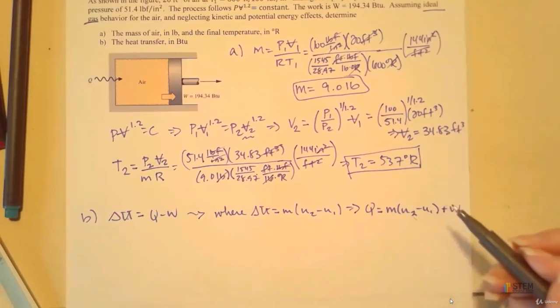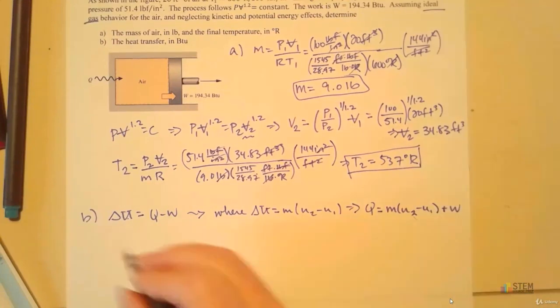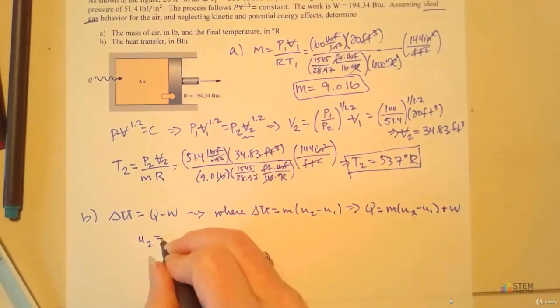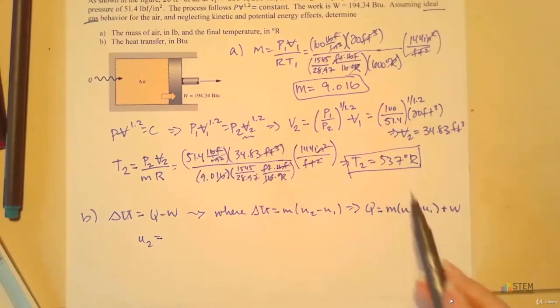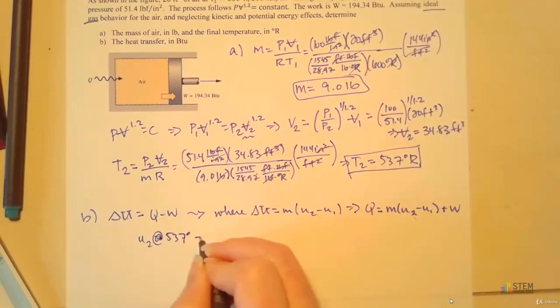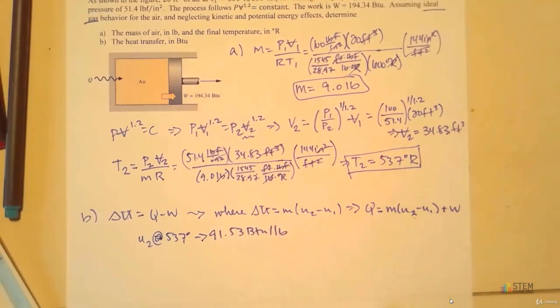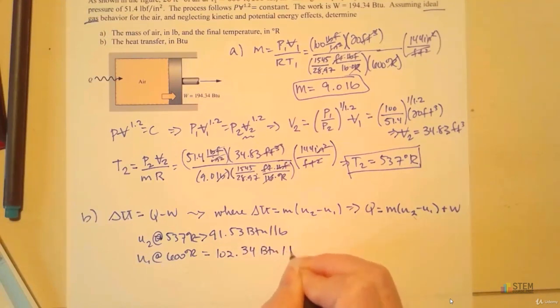So your initial temperature was 600, your final temperature was 537. So for U2, let's put the temperature here. That's at 537. That's going to give you 91.53 BTU per pound. That's what you'll get in the table. And then if you look up U1, which is at a temperature of 600 degrees Rankine, you're going to get a value of 102.34 BTU per pound.